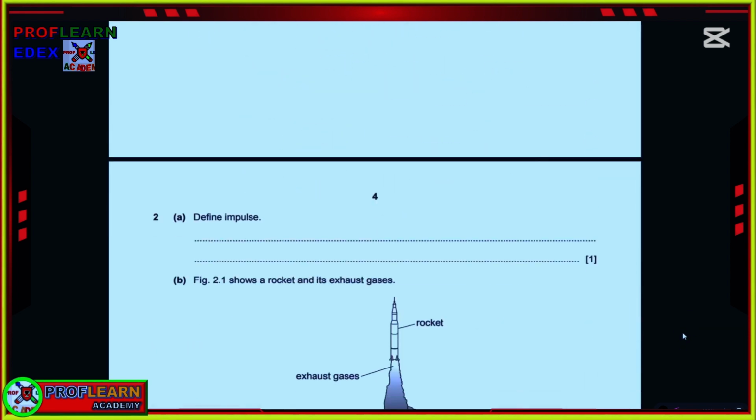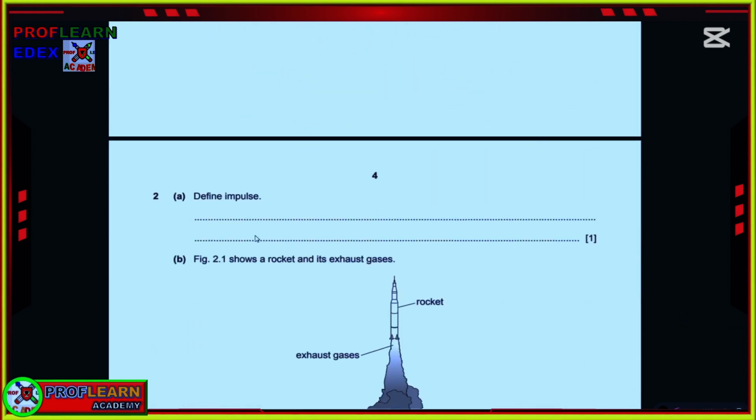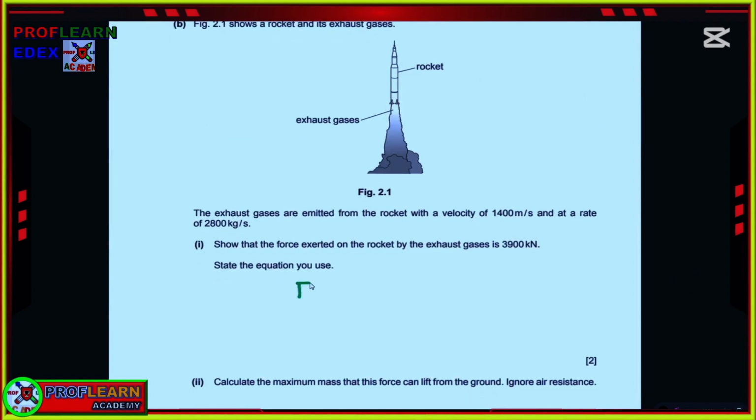Working it out, we're going to get 31,000 newtons of force. How do you define impulse? Impulse is defined as the product of force and time. You also need to remember that impulse is equal to the change in momentum.